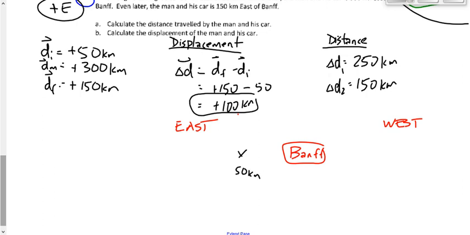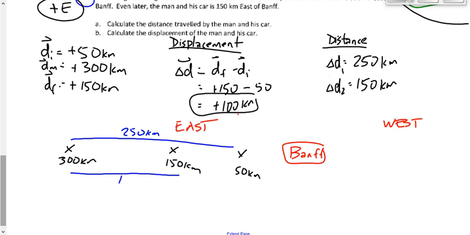And then I went to 300 kilometers east of Banff. And then I went to 150 east of Banff. So when I went from 50 to 300, I traveled 250 kilometers. And then when I went from 300 to 150, I traveled another 150 kilometers.